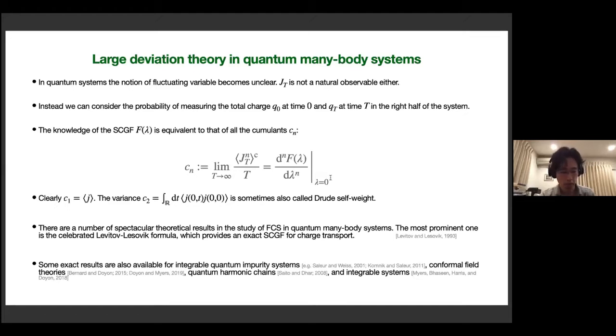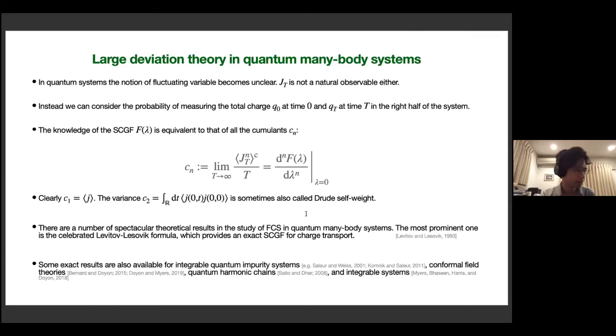I'm just explaining the quantum case because that's the case I'm interested in. For example, the prominent example is the celebrated Levitov-Lesovik formula, which is the exact scaled cumulant generating function for charge transport for free fermions. This is available, and it's very versatile, and it works even in the presence of impurities.